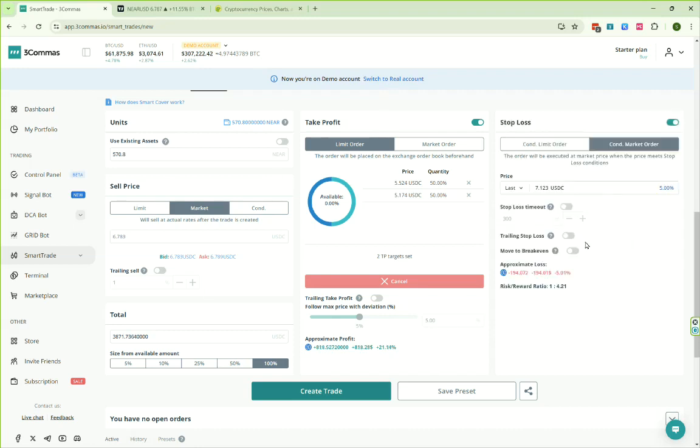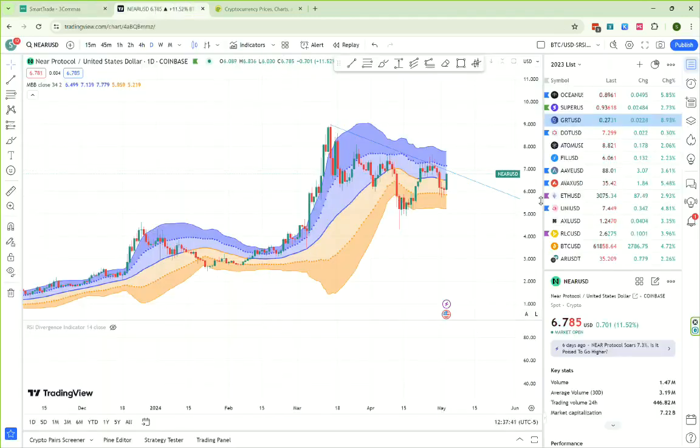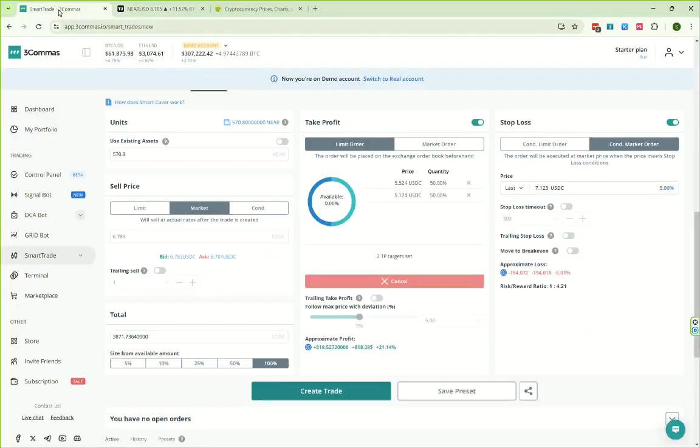Then if we're concerned and we want to put a stop loss because we're concerned that it will go up and keep going up, then once you find that spot you want it to be able to cover yourself on, we can talk more later, but we're going to put in that amount, that price.